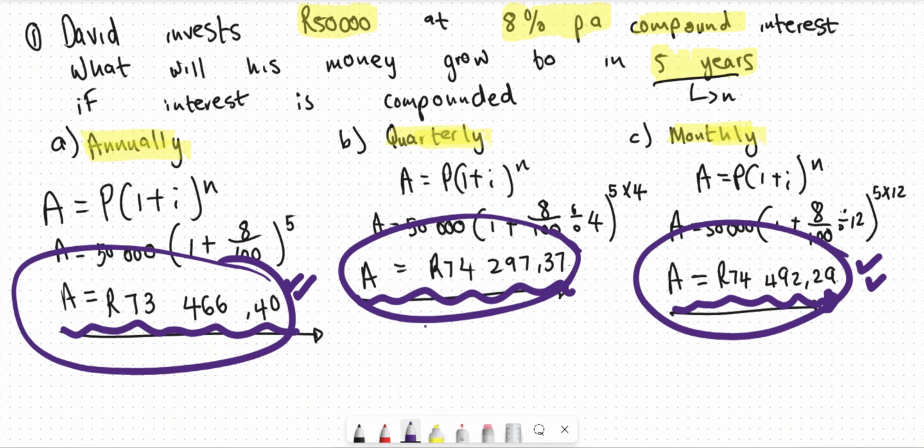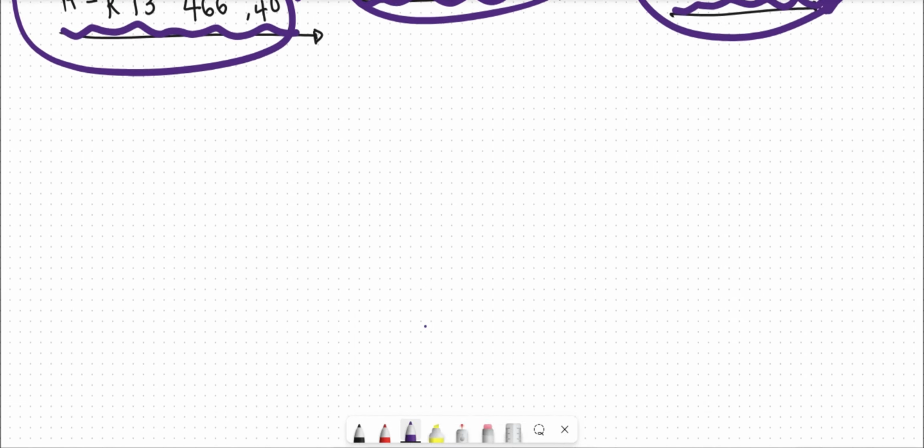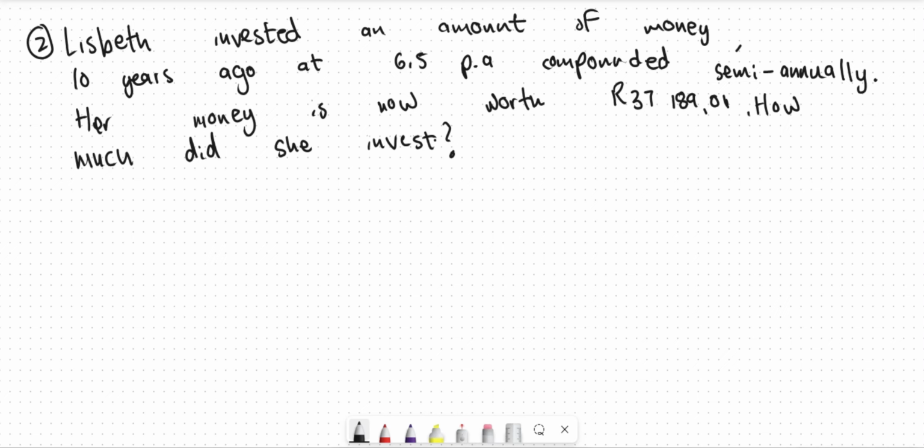Let's try the same idea, but now let's look at how we would find the principal amount, the P, the initial amount that is invested. All right, question number 2 is a beautiful question.